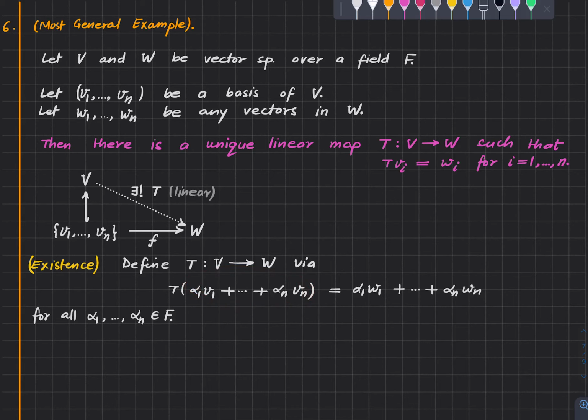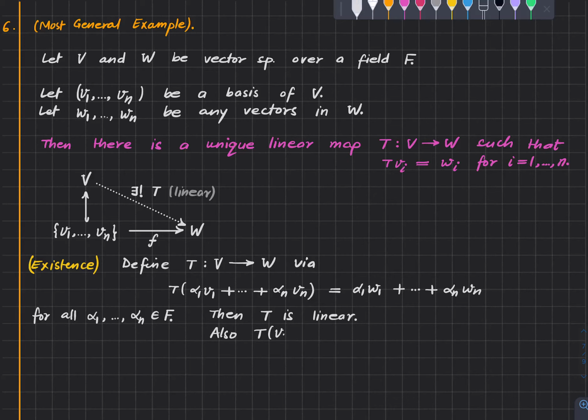Okay, so this is a well-defined map, and now you just check that this is linear. That is a very, very easy thing. Check that T is linear. And clearly, what is T of v1?